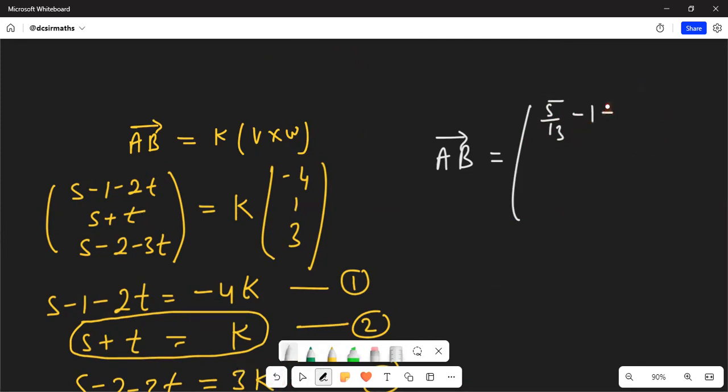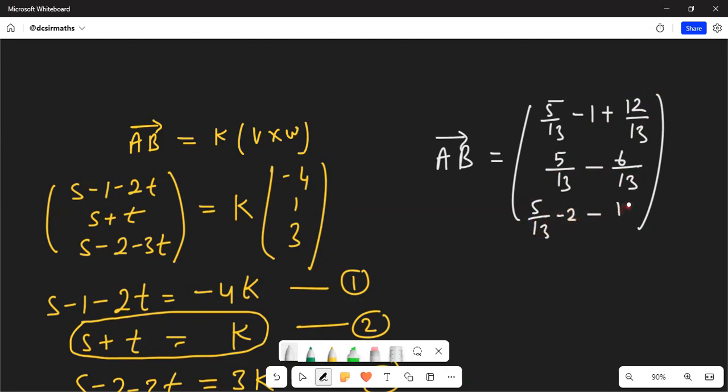And s plus t means 5 by 13 plus minus 6 by 13. And again, this one is 5 by 13 minus 2 and 6 is 18 by 13.